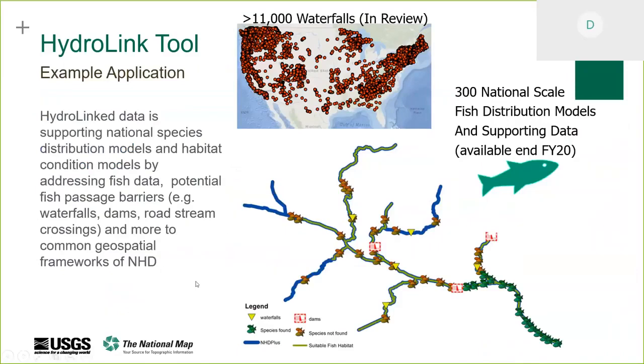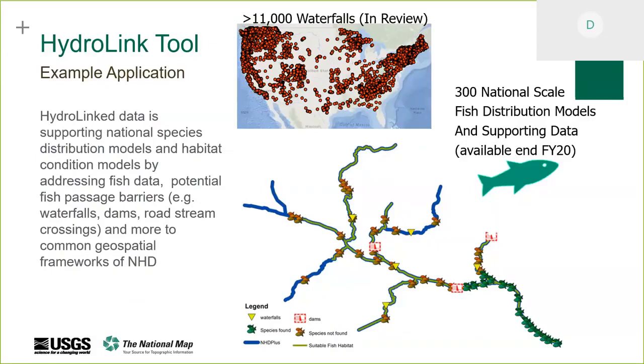So one of the main drivers of the Hydrolink tool was to help encourage USGS scientists and our partners to linear reference and or address their data to two commonly used versions of the National Hydrography dataset, and then to share that information as a common resource to start building up our collective knowledge of the stream networks.